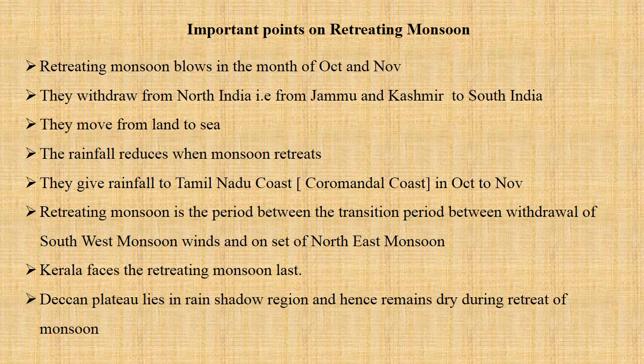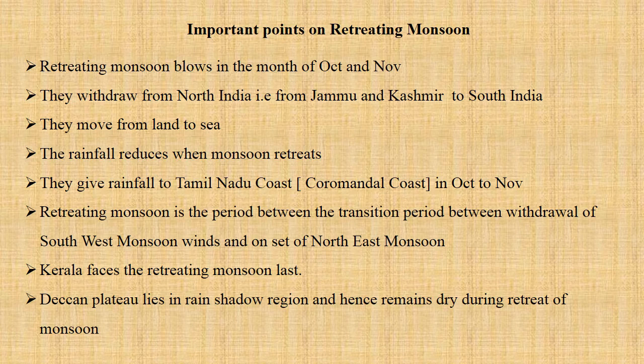So will the rainfall decrease? Yes, the rainfall will reduce when monsoon retreats. Which part of the country gets rainfall from the retreating monsoon? The Tamil Nadu coast, or we can say the Coromandel coast, gets rainfall from retreating monsoon in October to November. It also gets rainfall from the northeast monsoon in October and November.